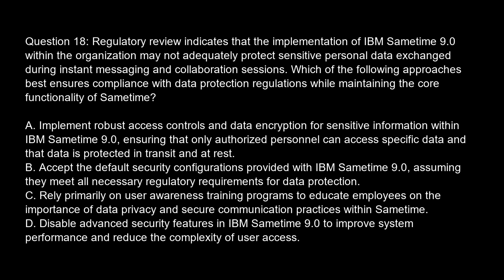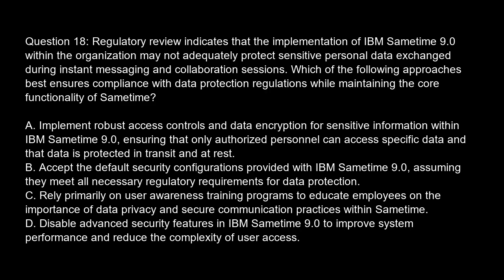Option A. Implement robust access controls and data encryption for sensitive information within IBM Sametime 9.0, ensuring that only authorized personnel can access specific data and that data is protected in transit and at rest. Option B. Accept the default security configurations provided with IBM Sametime 9.0, assuming they meet all necessary regulatory requirements for data protection.